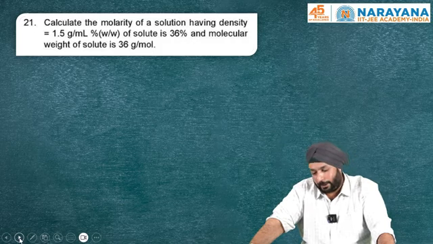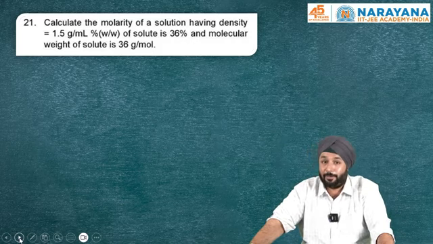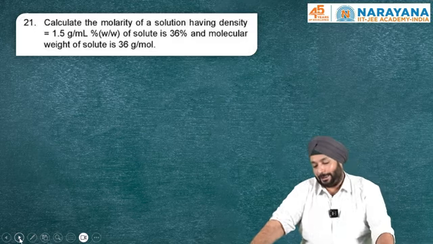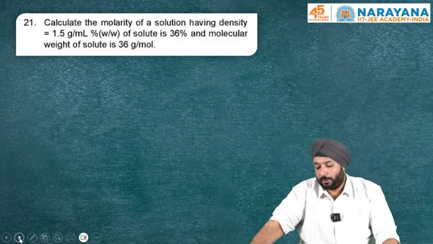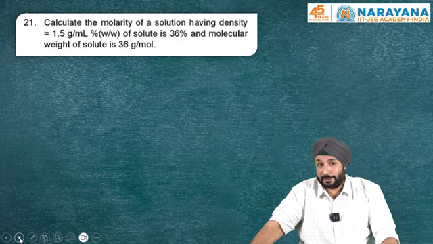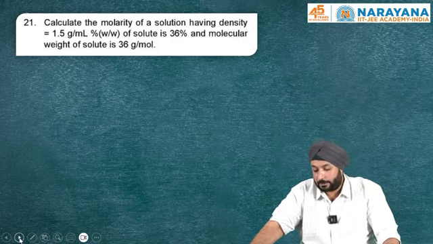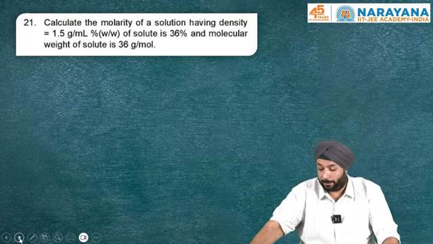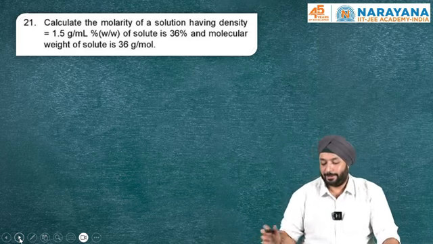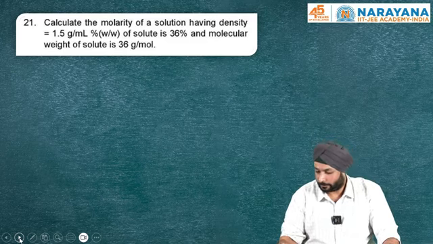Calculate the molarity of a solution having density 1.5 gram per ml. Percentage weight by weight of solute is given to you as 36%, and molecular weight of solute is 36 gram per mole, right? So we'll do one thing.